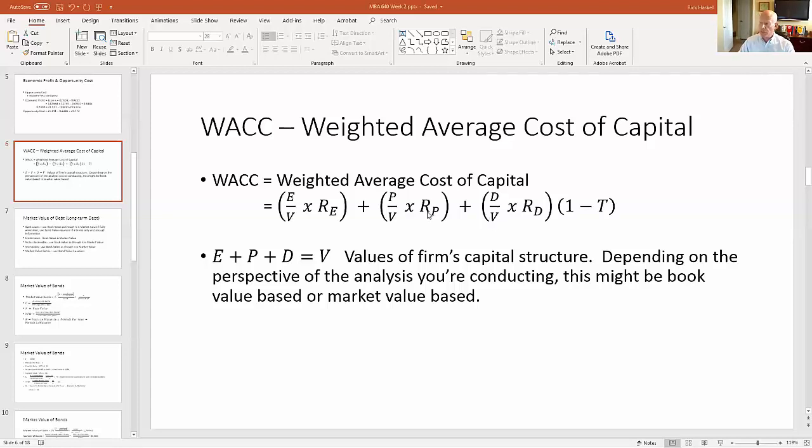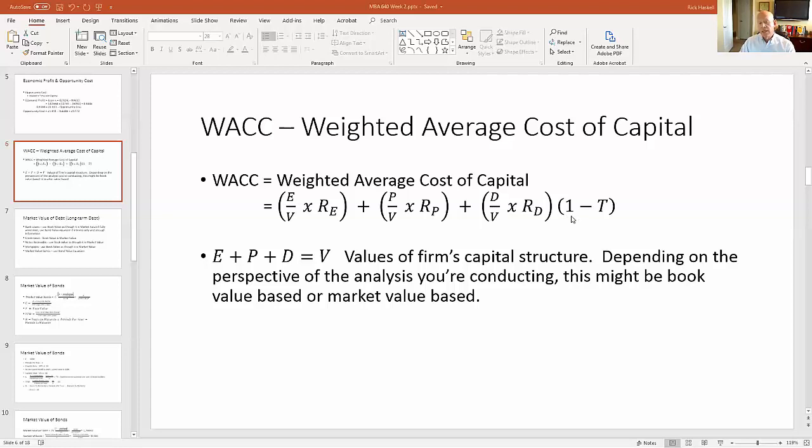Well, each of these terms, we're going to interact with a cost or return function of some kind. So we'll interact the firm's common share weighting with the opportunity cost of its common shares, its preferred share weighting with the opportunity cost of its preferred shares, and its debt weighting with the opportunity cost of its debt.